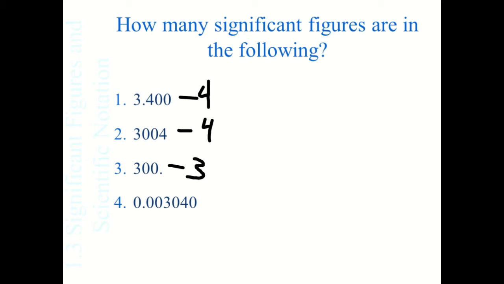What about this one on the end? Why did I write it? Did I have to write it to maintain the value of the number? No. So why did I do it? Because I have to guess that last digit. That means that it's a significant digit.